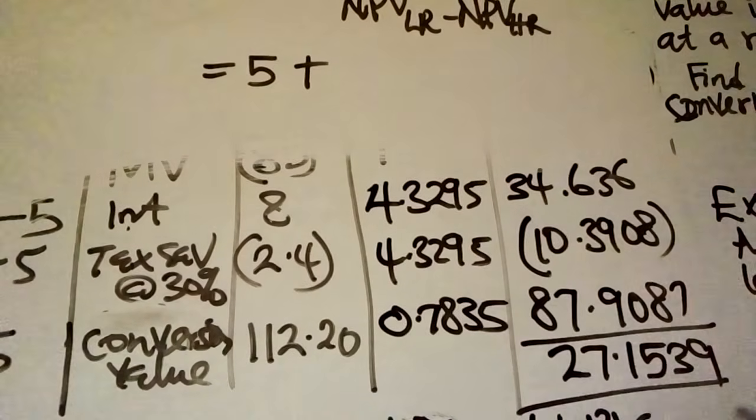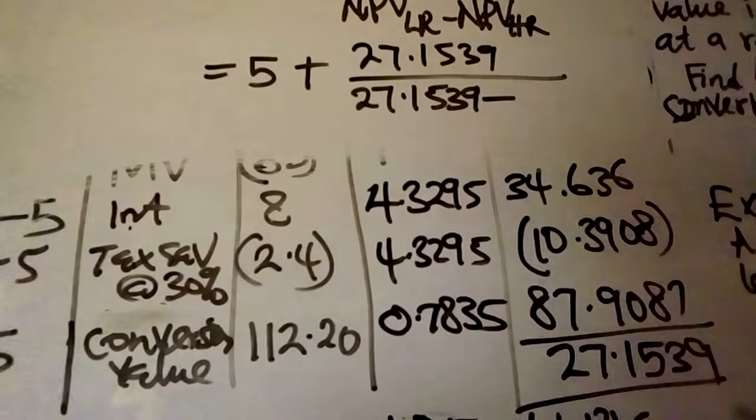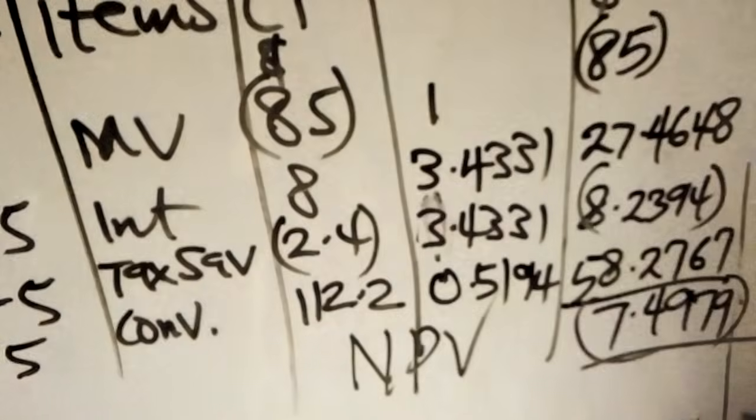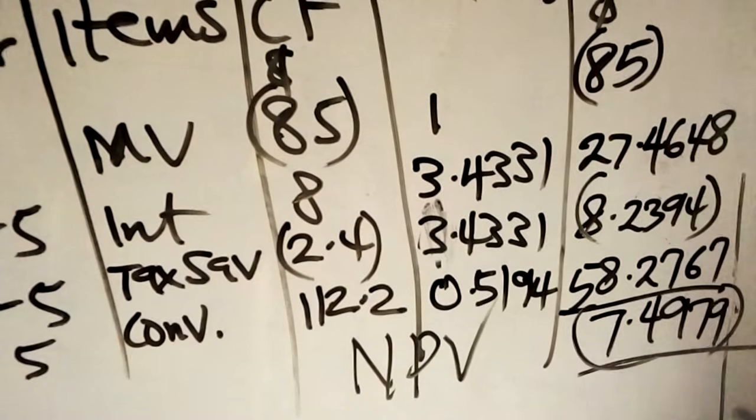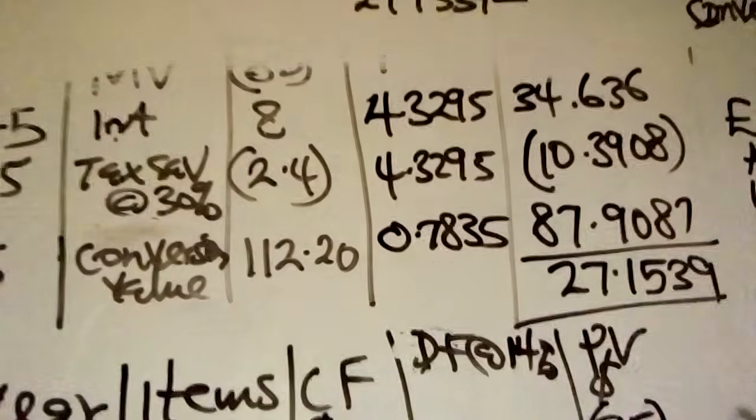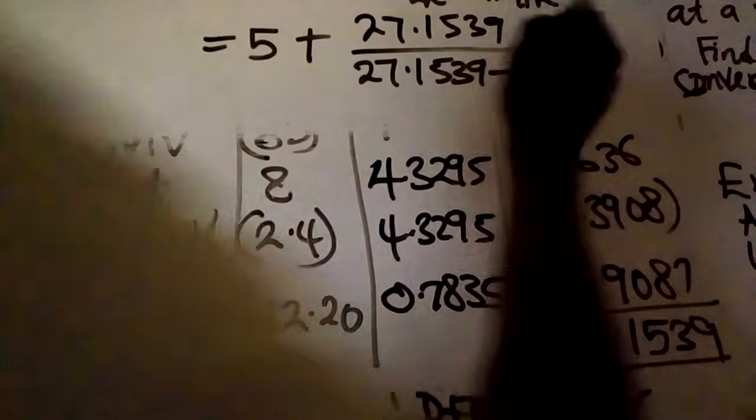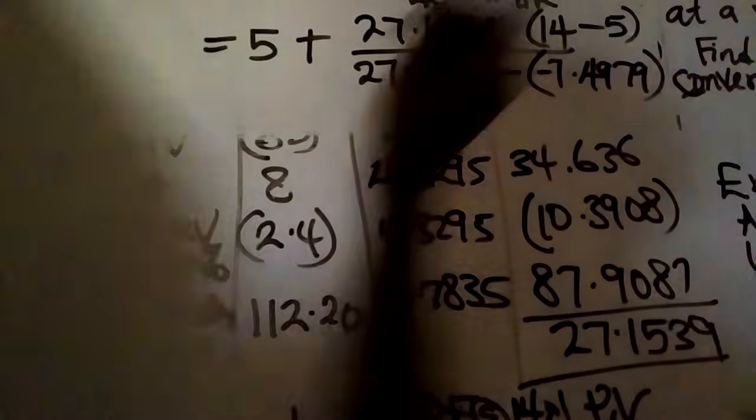The NPV at 5% is 27.1539. So 27.1539 over 27.1539 minus NPV at higher rate, which is minus 7.4979, into higher rate, our higher rate is 14%, minus lower rate, which is 5%.